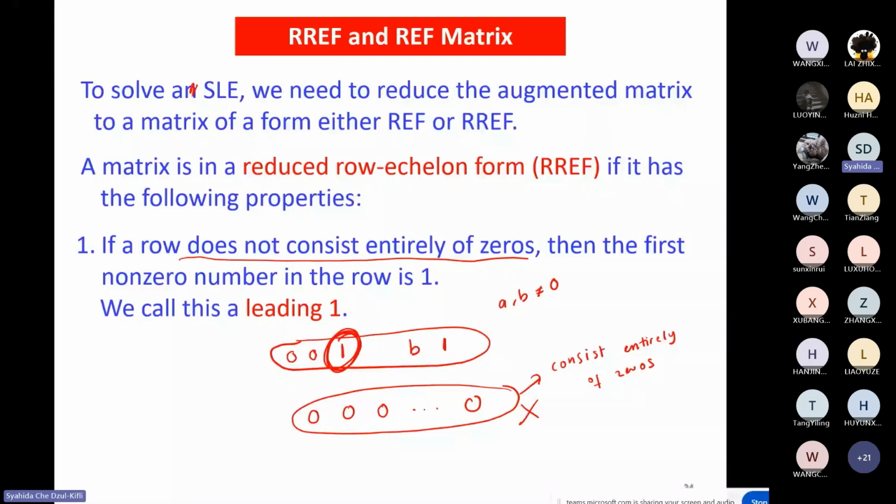If we have another element which is 1 in that row, this is not a leading one. It is very important to identify the leading one. Remember that it is very important to identify the leading one. Is that clear?